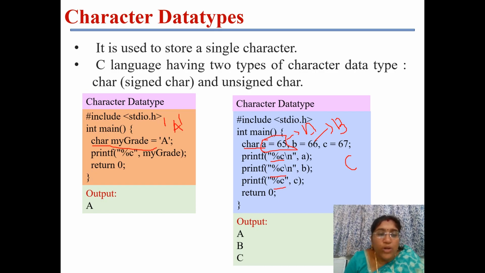So the output of this program gives the ABC value. The ASCII value 65 is A, 66 is B, 67 is C.